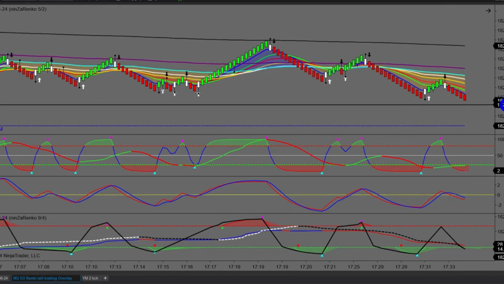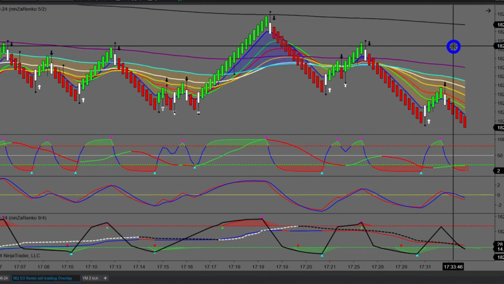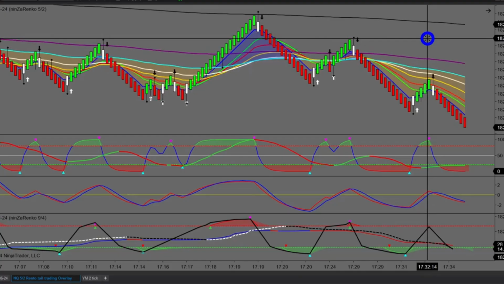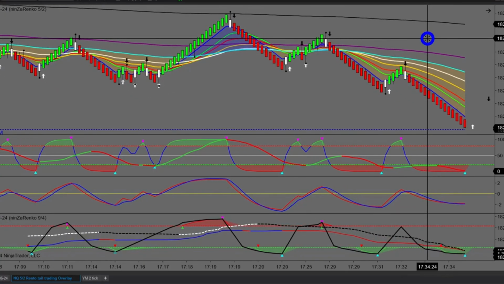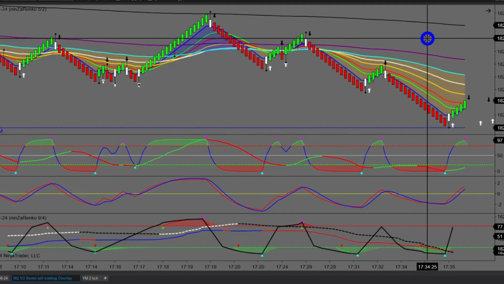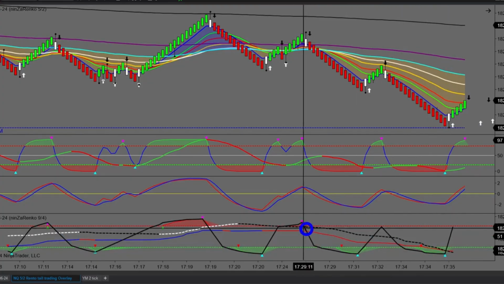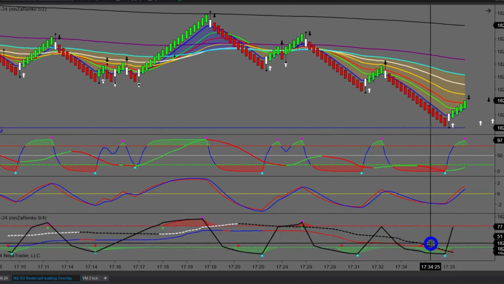Where's that pivot? Okay, so the pivot here would make an ideal target. So let's just do this, and bang. Okay, so we're now oversold with the long-term stochastic and the 30 period Hull.